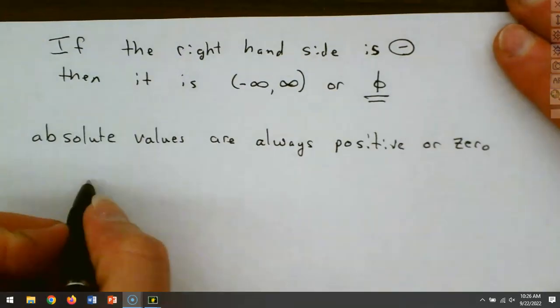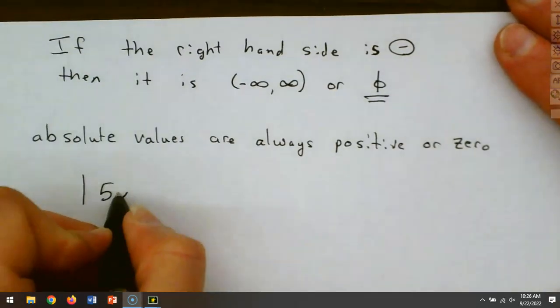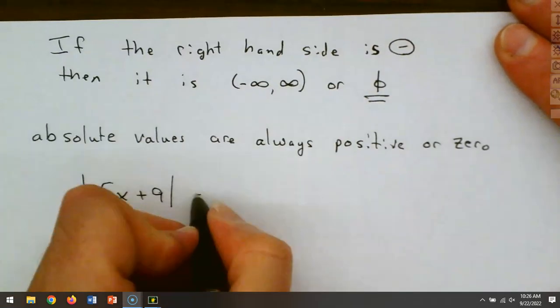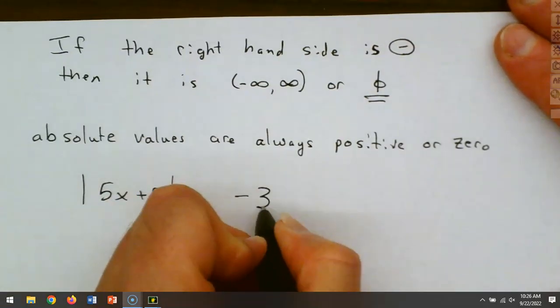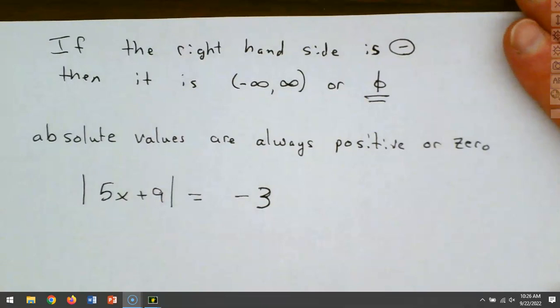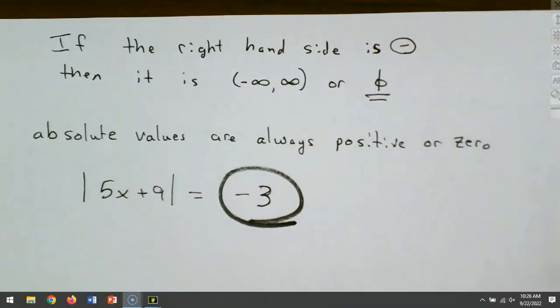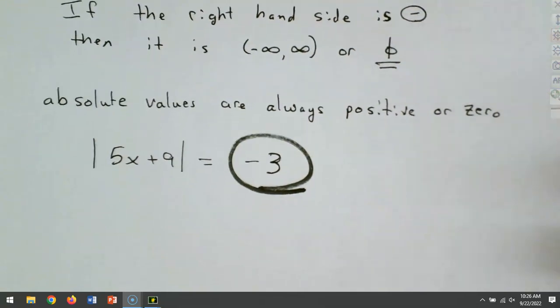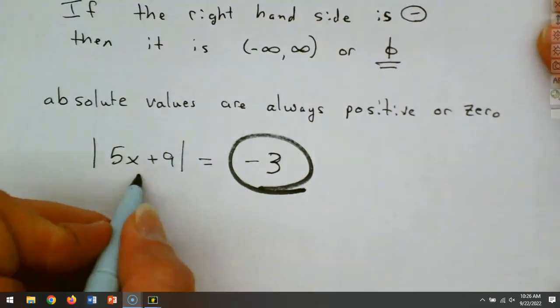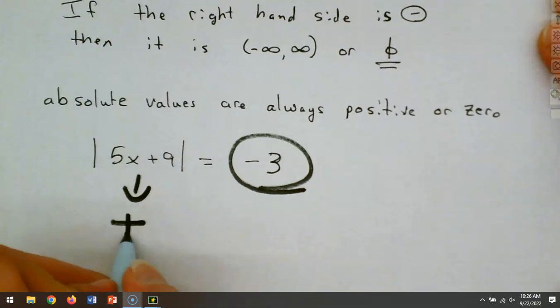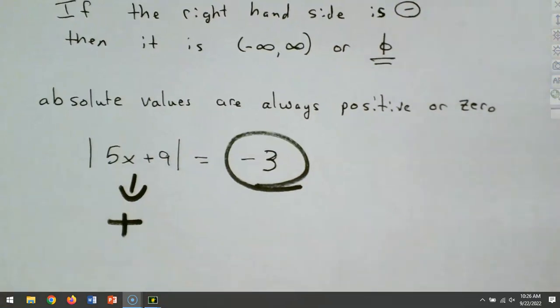So let's look at this one. Notice on this one, that is negative. Now let's think about absolute values. What do we know about an absolute value? It's going to either be positive or 0. So let's assume it's positive.